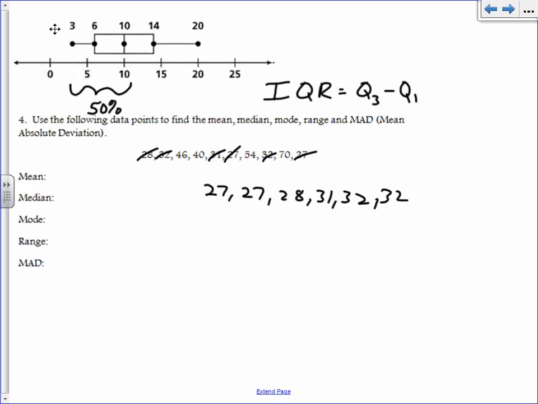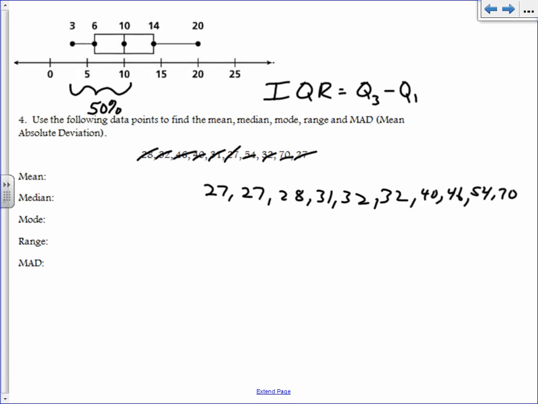Okay, so I got 40, 46, 54, and 70. Okay, then count them. 1, 2, 3, 4, 5, 6, 7, 8, 9, 10.